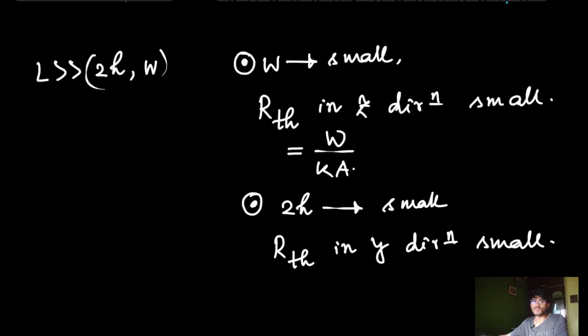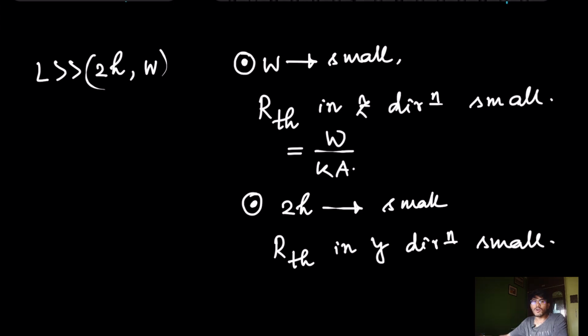In an electrical network, our purpose is to flow current, and for the flow of current we need a voltage drop, and the resistance is what causes the voltage drop. Similarly, here our primary objective is to flow heat.